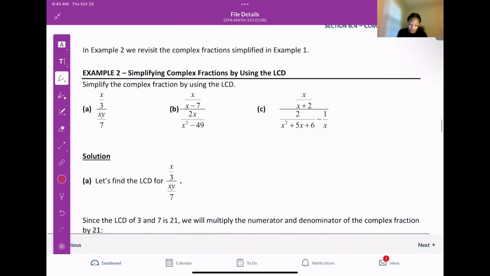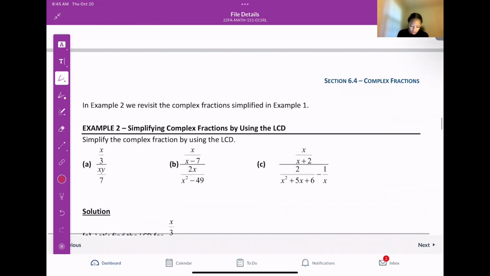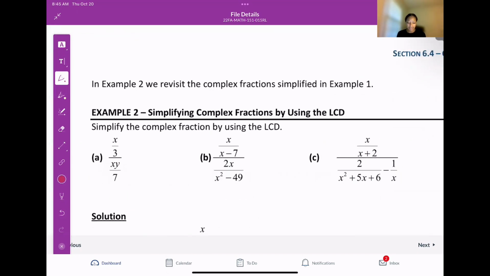We're going to jump to the problems here, and these are the same ones we did before in example 1, but in example 2, we'll solve them using this new method, using the LCD. So for problem A, x over 3 times xy over 7. We look at these problems, the two denominators are 3 and 7.